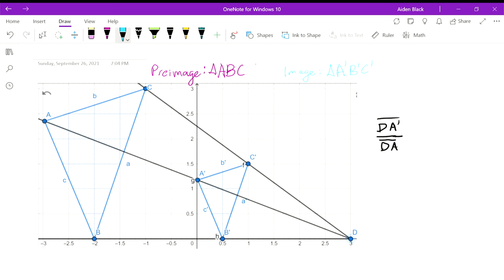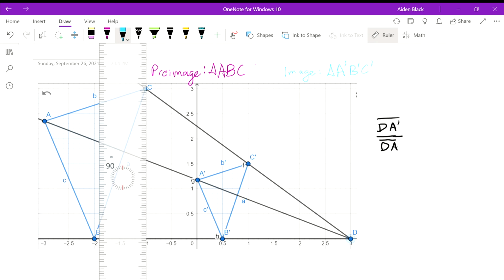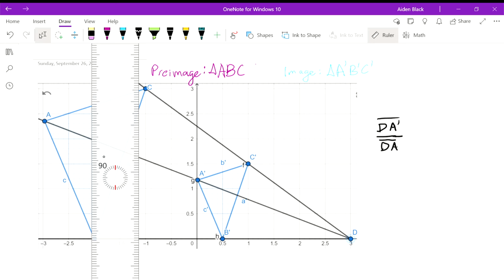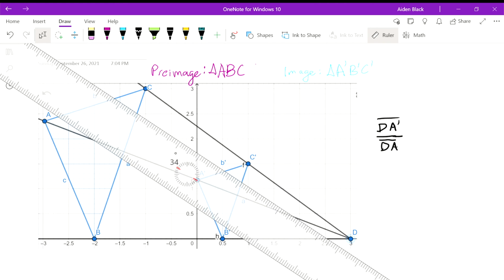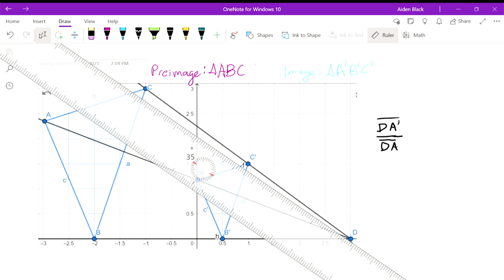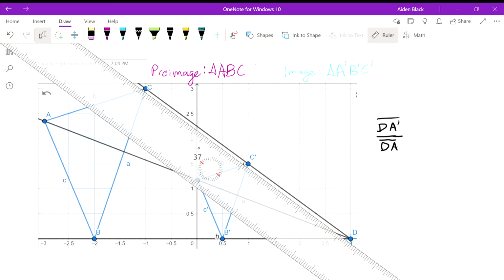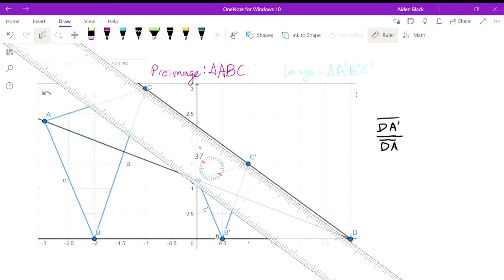Okay, so we could calculate the distance from D to C using Pythagorean's theorem or the distance formula, but if you have a measuring device, which you should when you come into class, have your protractor or your ruler, you can measure this out.